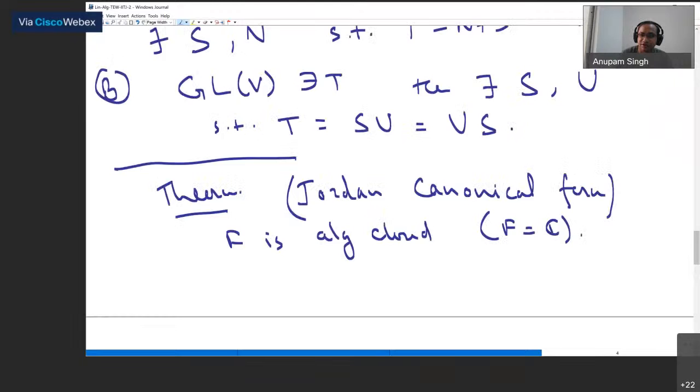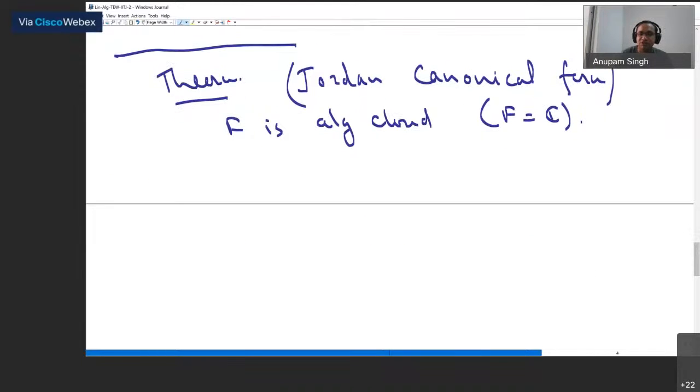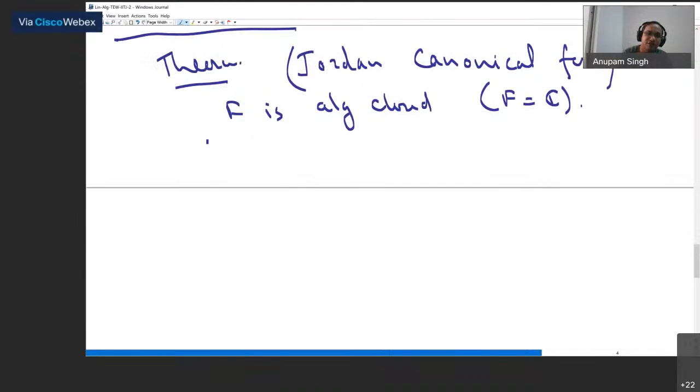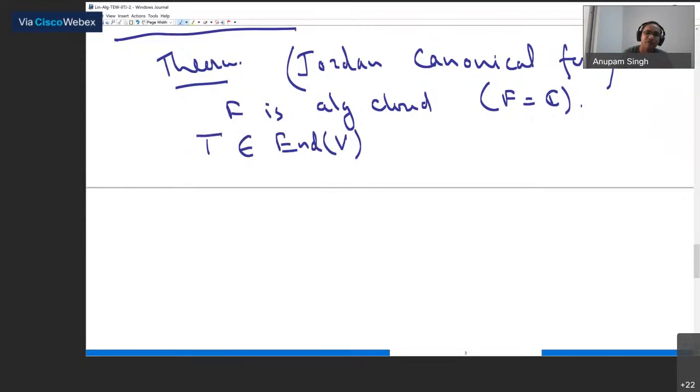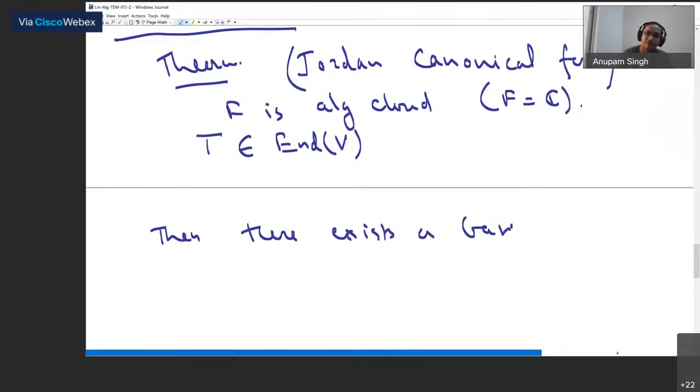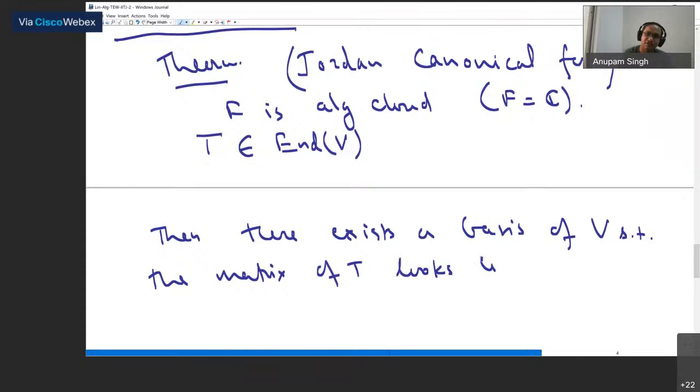So what does this theorem say? That if you begin with a linear transformation T in End(V), then there exists a basis of V such that the matrix of T looks like the following.